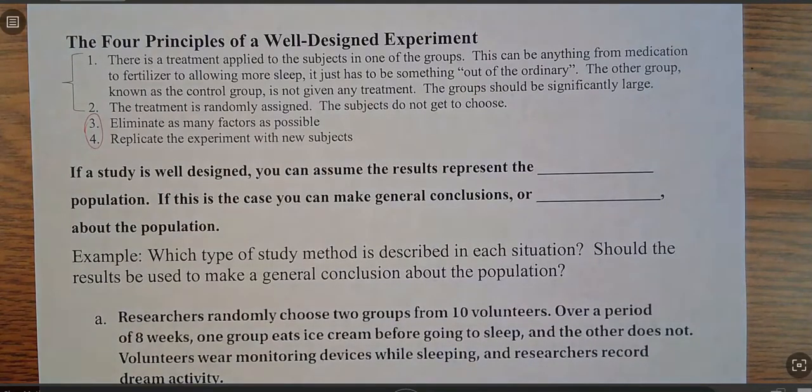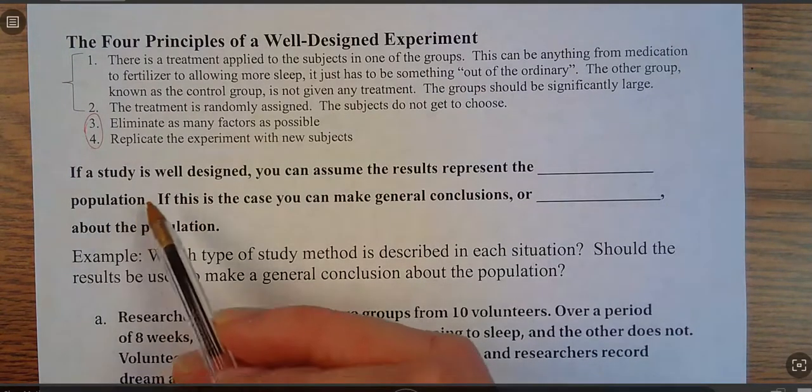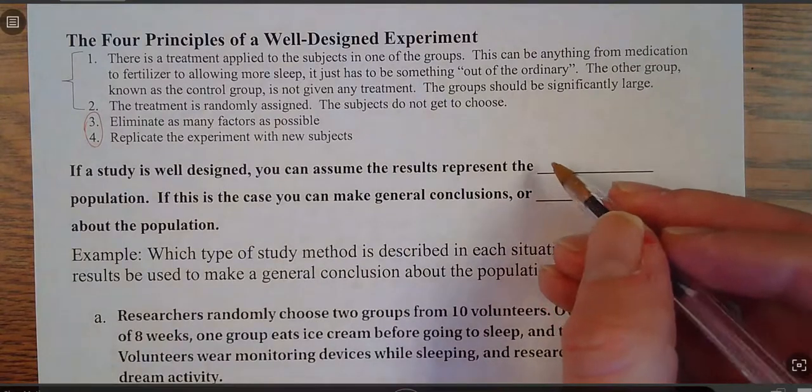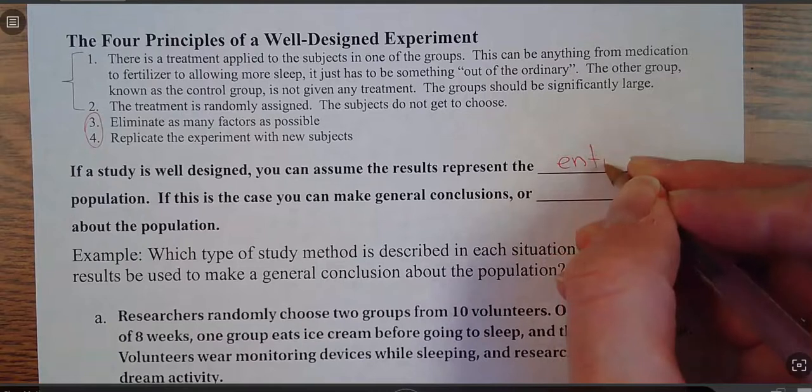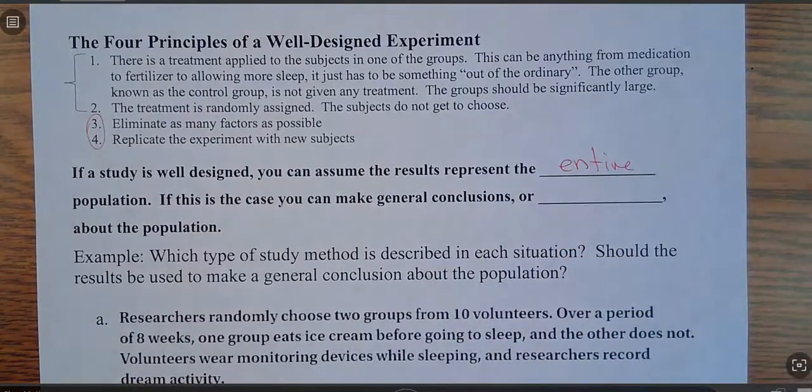So if a study is well designed, you can assume that the results represent the entire population. Okay? So if it helped this group of plants, they're this kind of green beans, then all green beans of that species will be helped.